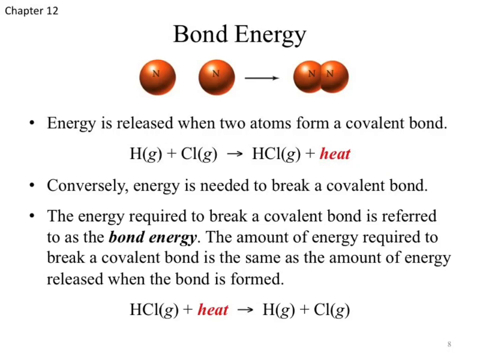Positive or negative? Which reaction breaks the bond? Top or bottom? Which one results in atoms, so the end of the reaction, with atoms as opposed to a molecule? Bottom. So the bottom one is the breaking of our bond.